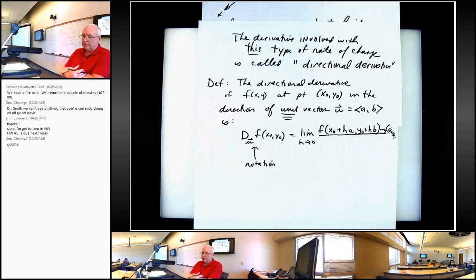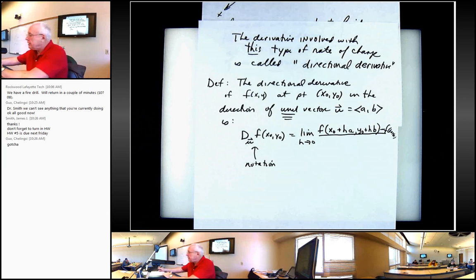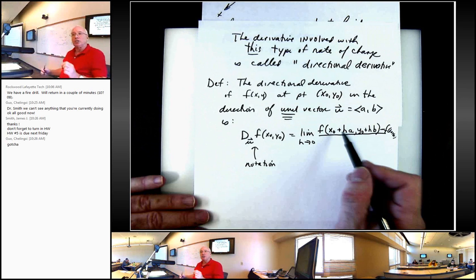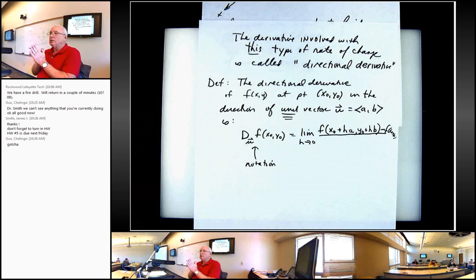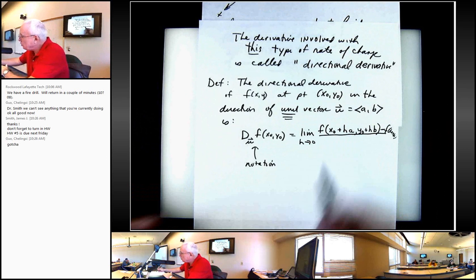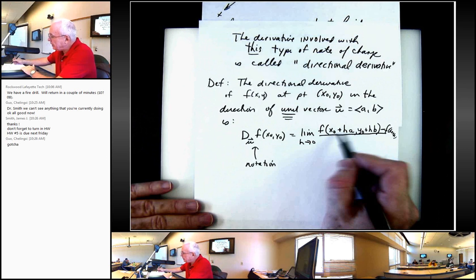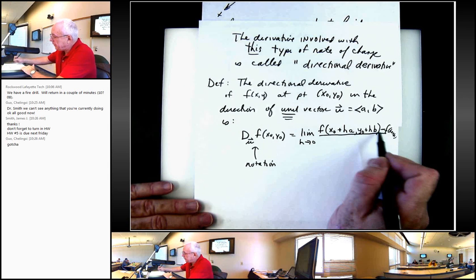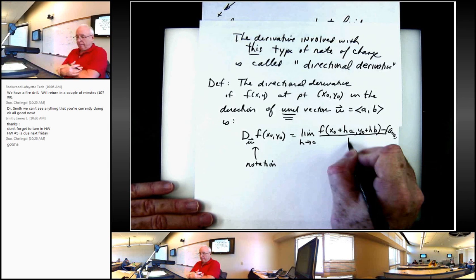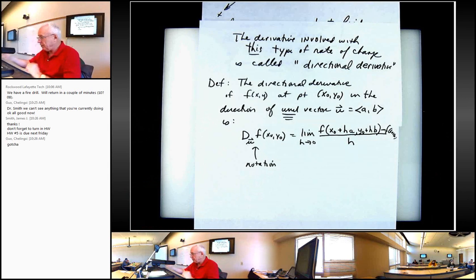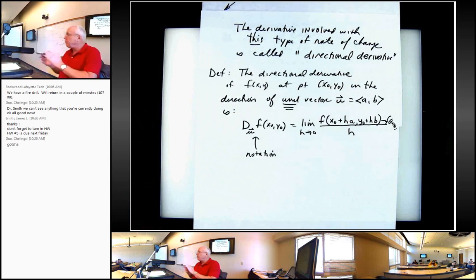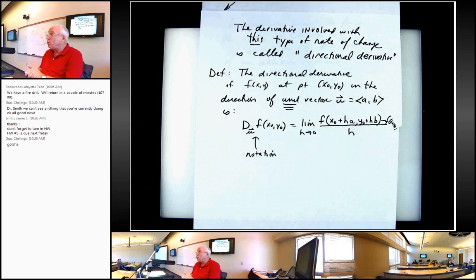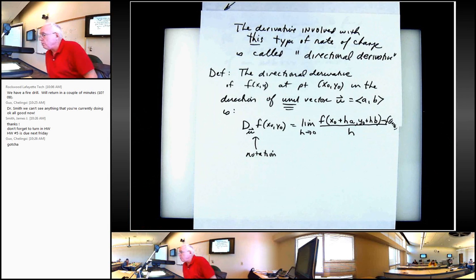So basically, it's the difference of the function moving along that line. We increase x by ha, we increase y by hb. And this is all divided by that difference h. And we take the limit as h goes to 0. Now, with that said, you're not going to have to formally use that definition as far as computing anything, okay? But that's what the formal definition is.